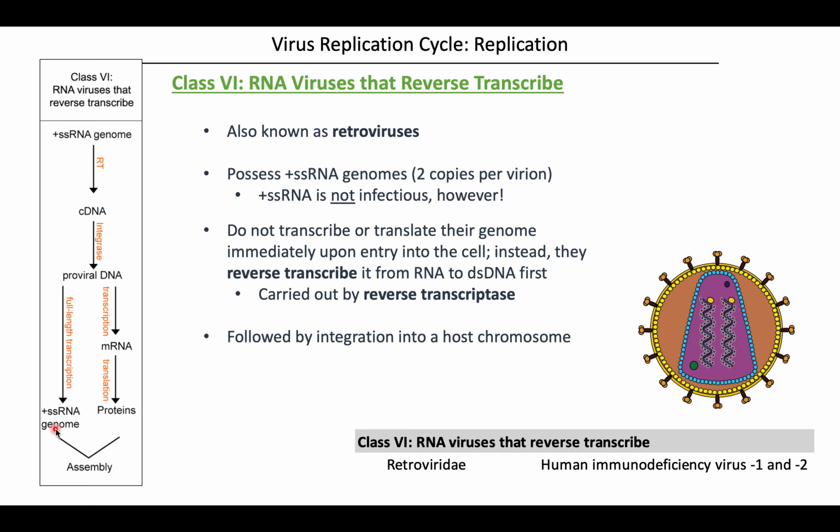We'll start actively producing positive sense single-stranded RNA copies of the genome and producing new infectious virions that are then going to spread. And in the case of HIV, of course, the virus is preferentially infecting white blood cells, so it ends up decimating your immune system.